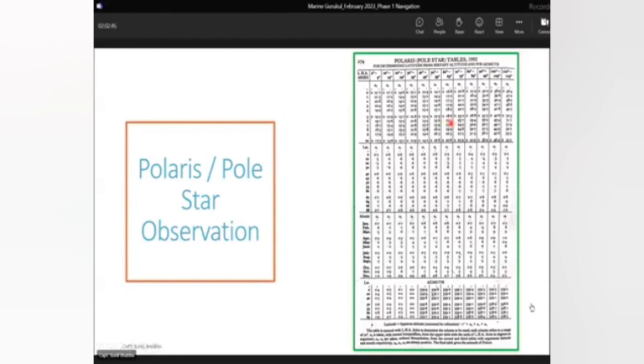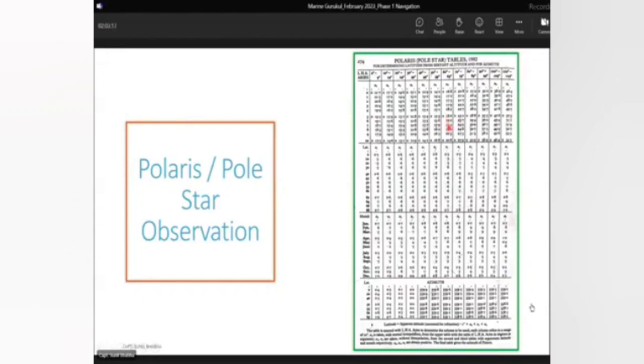Another thing you need to pay attention to is that in case the LHA Aries was 65 degrees 30 minutes, you see the value for 65 is 18.6 minutes and the value for 66 degrees is 19.0 minutes. For any intermediate value, we will need to interpolate between these two figures.